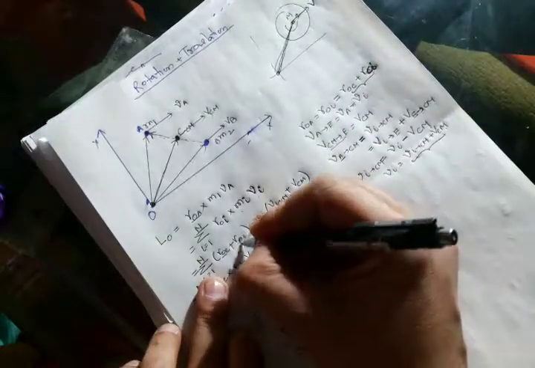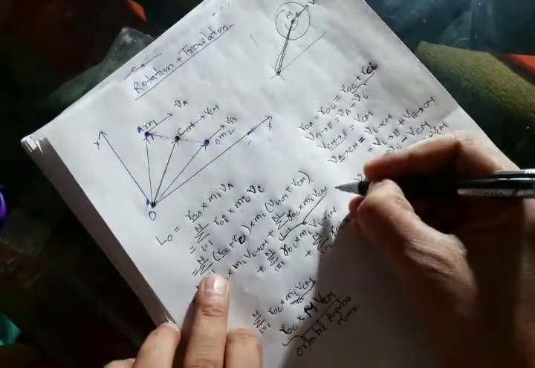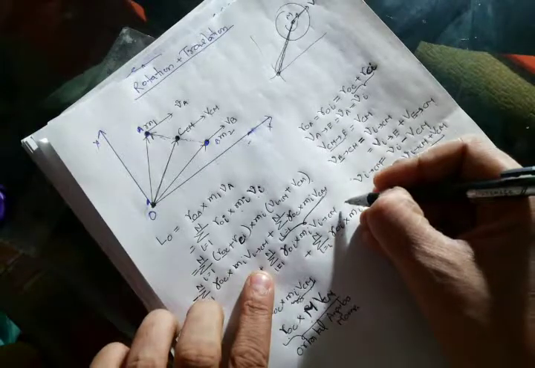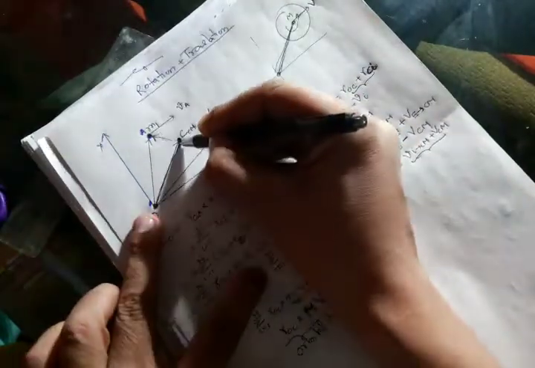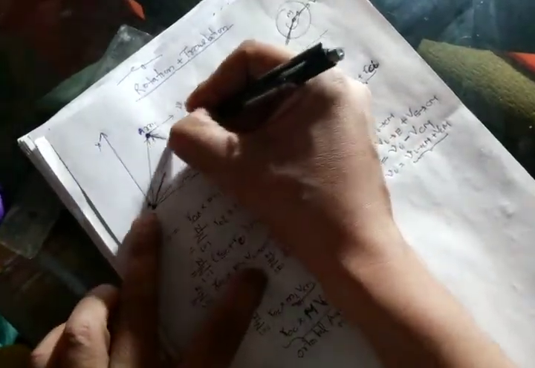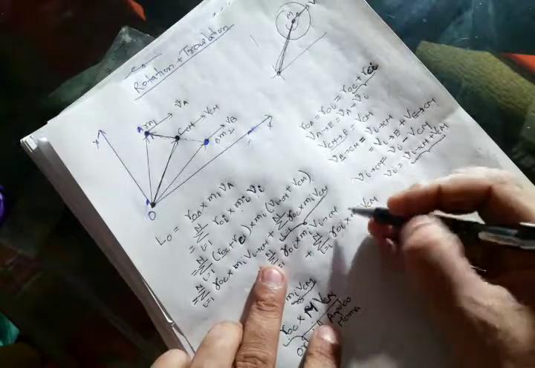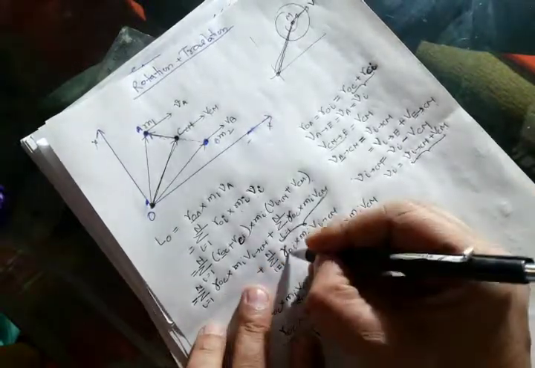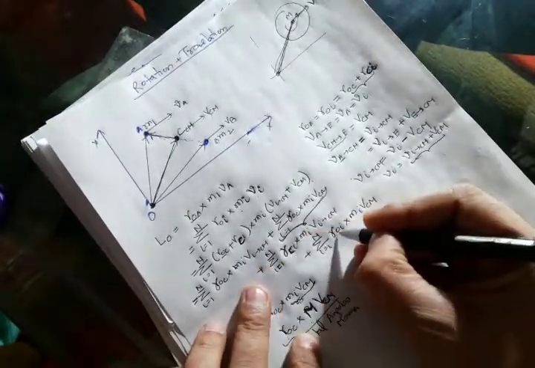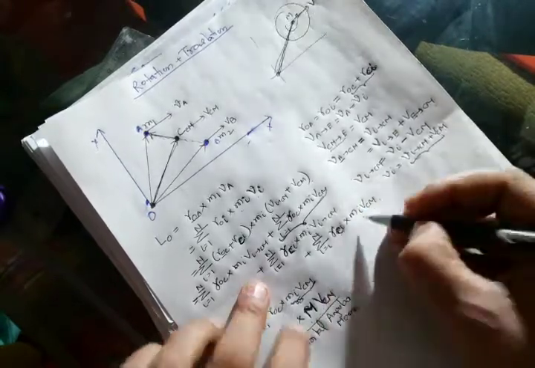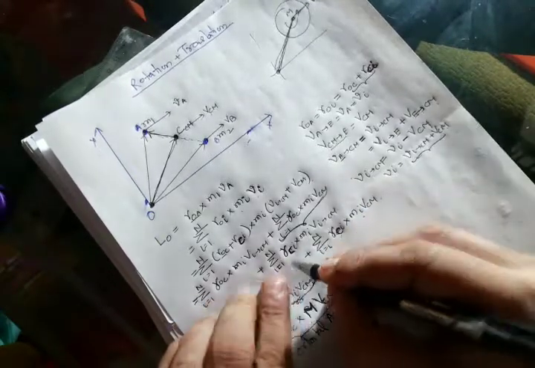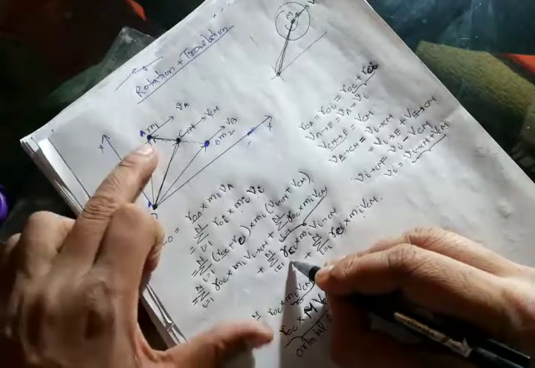I have to put it here, CI. This is also because of ROC and CI. So this is CI, not OI. Here ROC, RCI.